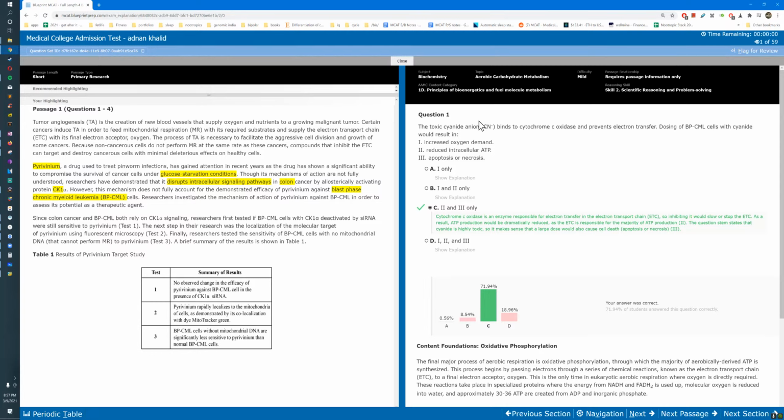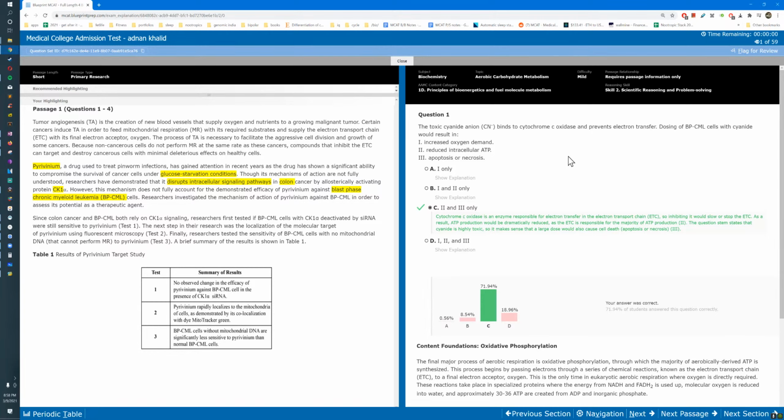So okay, they're basically saying that toxic cyanide binds to cytochrome C oxidase and prevents electron transfer. So what would happen to these types of cells if you did the same thing? The cytochrome C oxidase is part of the electron transport chain, and it acts as an electron carrier.